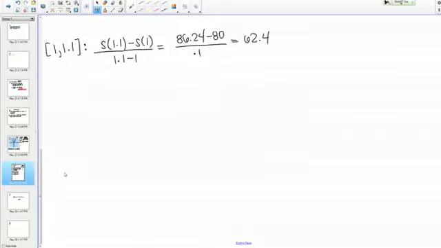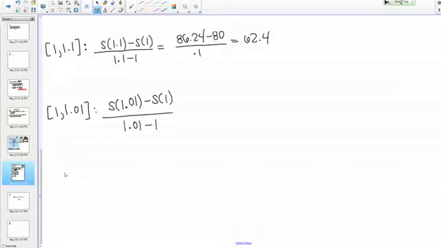All right, and then we've got 1 to 1.01. That's position at 1.01 minus position at 1 over 1.01 minus 1, which is 80.6384 minus 80 over 0.01, which is 63.84.